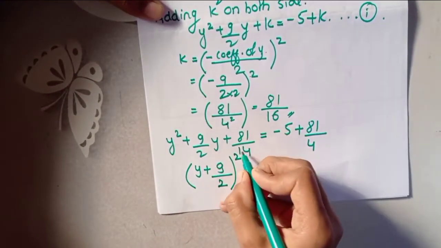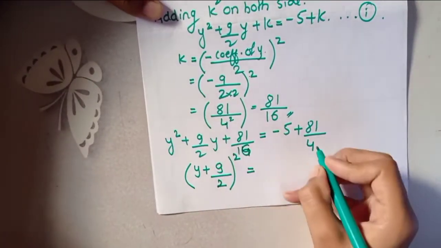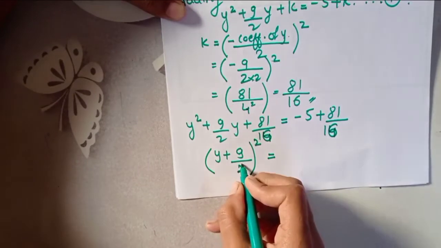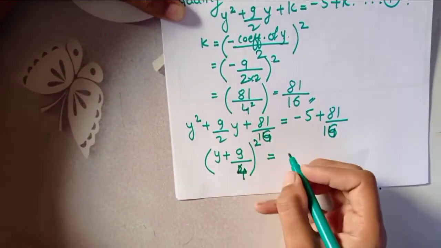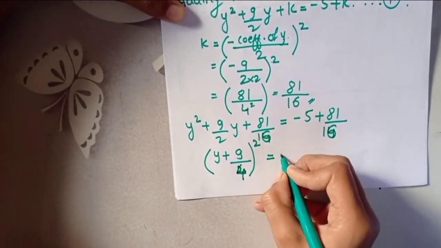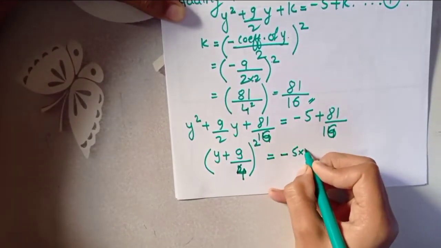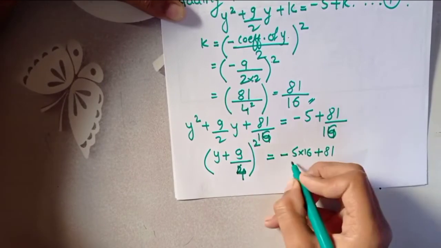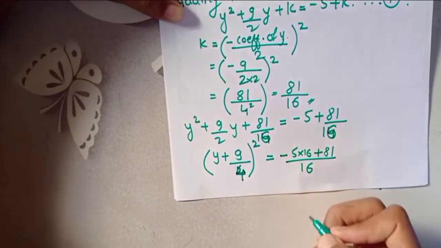Now adding 16, we have to add 16. Here it will become y plus 9 by 4 whole square, which is equal to minus 5 into 16 to make the denominator equal, plus 81 by 16.